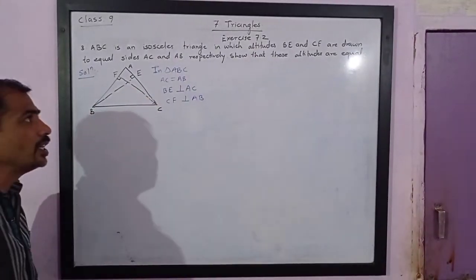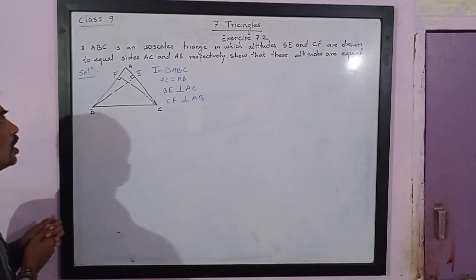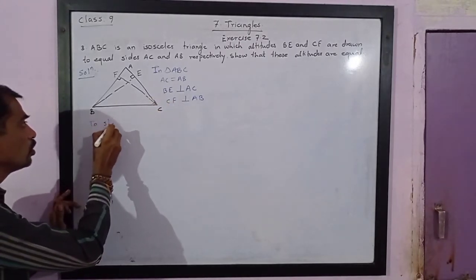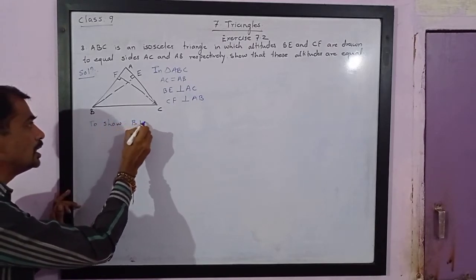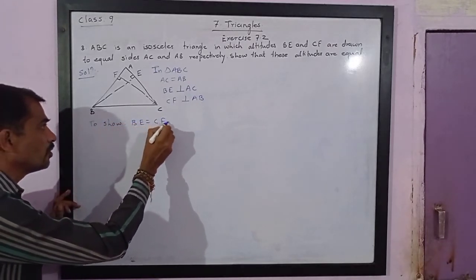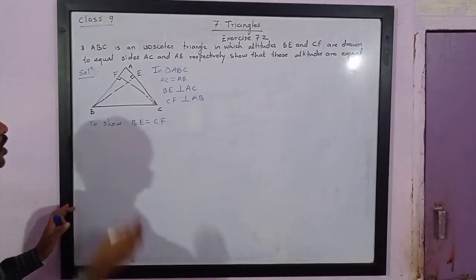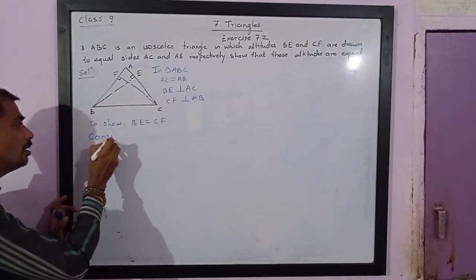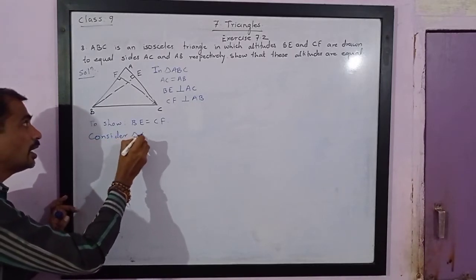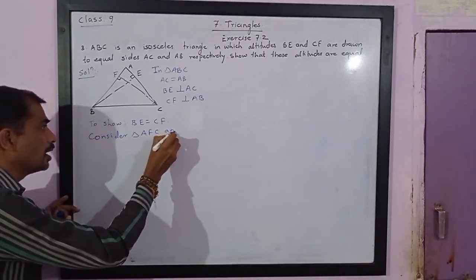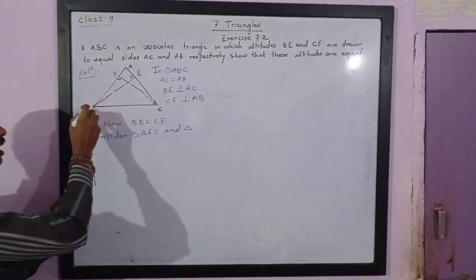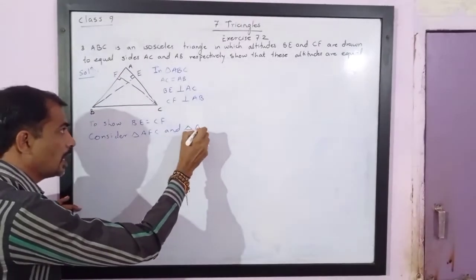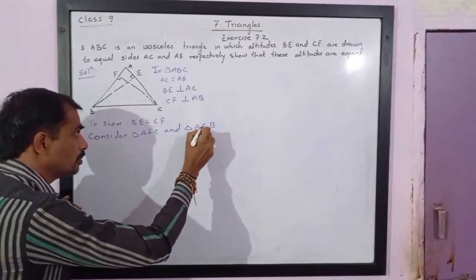Show that these altitudes are equal. We are asked to show BE is equal to CF. Now for this we are going to consider triangle AFC and triangle AEB.